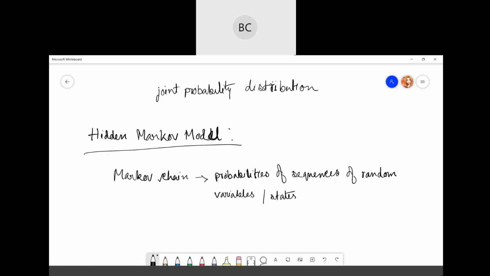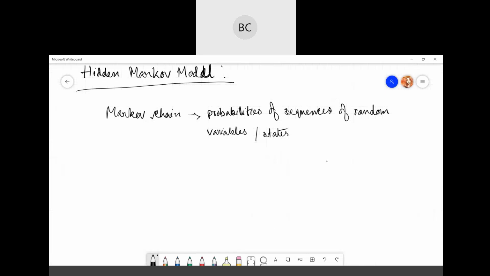This set can be, for example, the weather. You need to predict whether today is hot or cold. Again, for hot and cold, maybe there are other conditions. So today can be hot and can be cold.